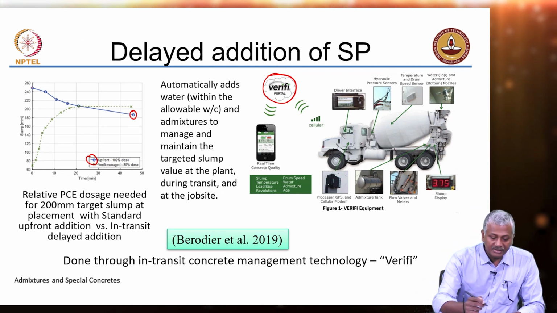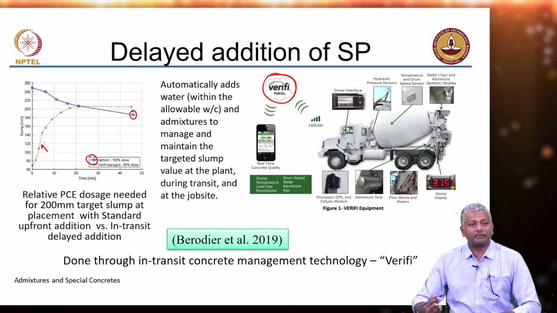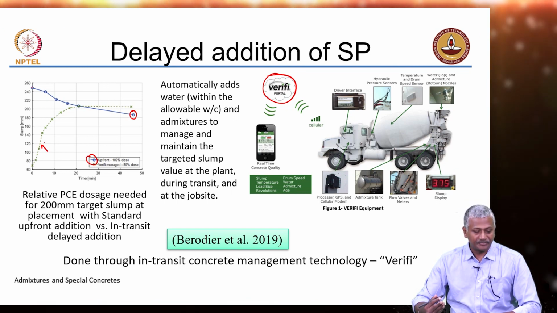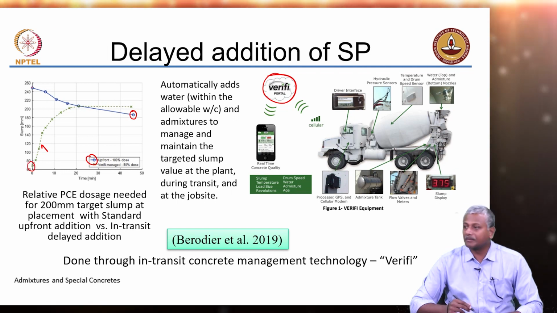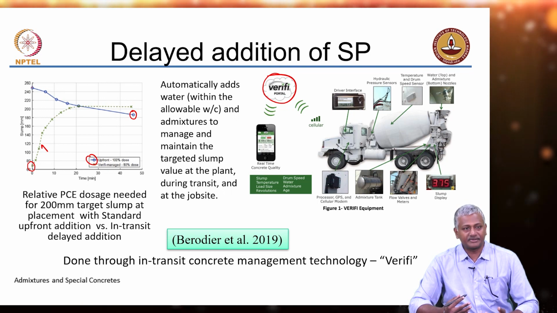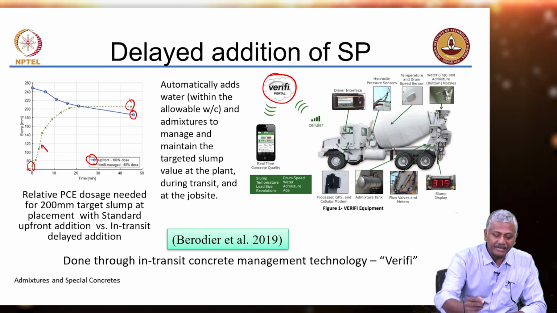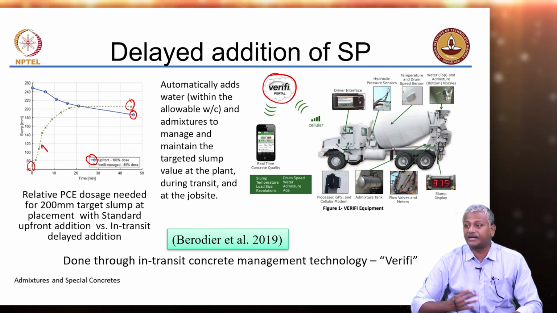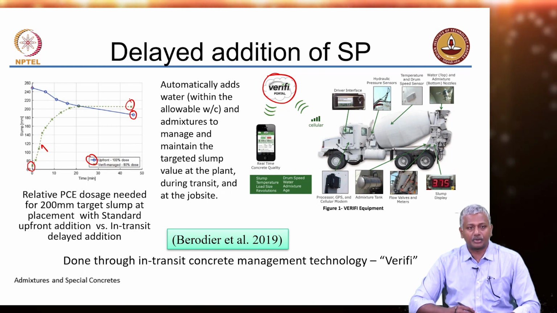Now, in the other case, this was a managed dosage of the superplasticizer. The slump was low to begin with because they did not add all of the superplasticizer. As the truck was in transit, they kept on adding more and finally ended up with a slump of 200, which was desired at the time of arrival of the truck to the job site.